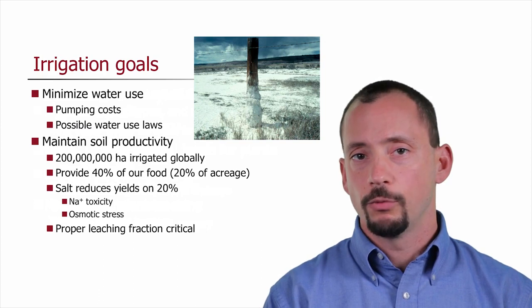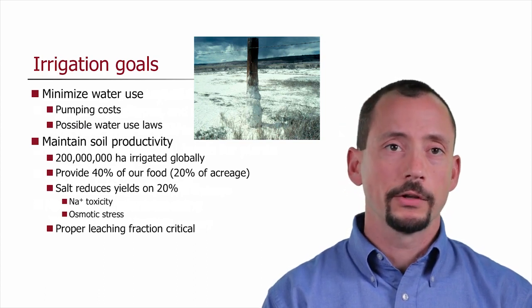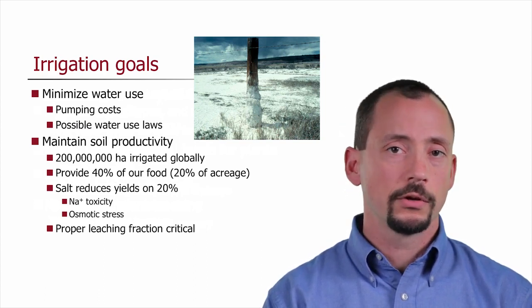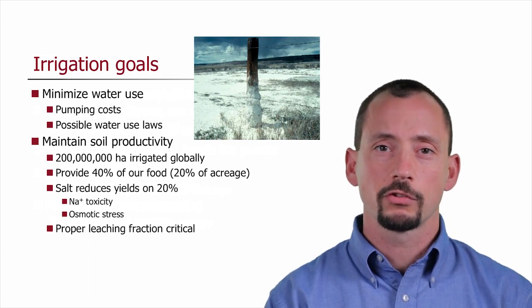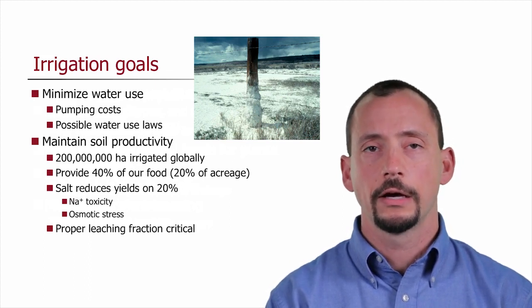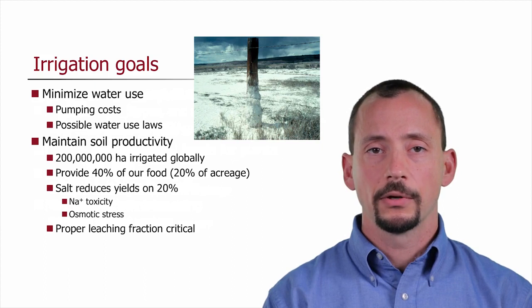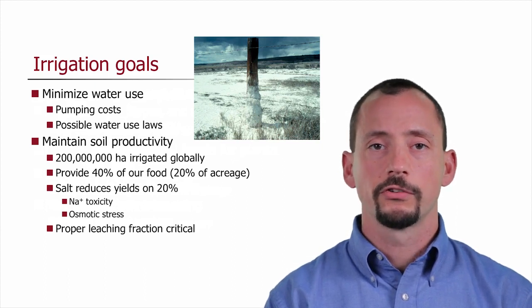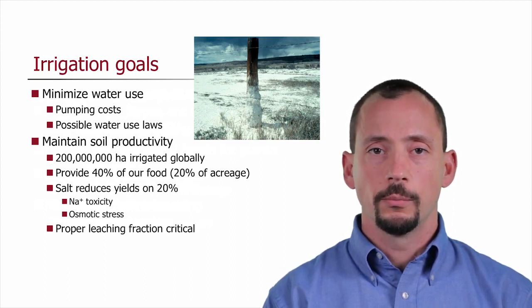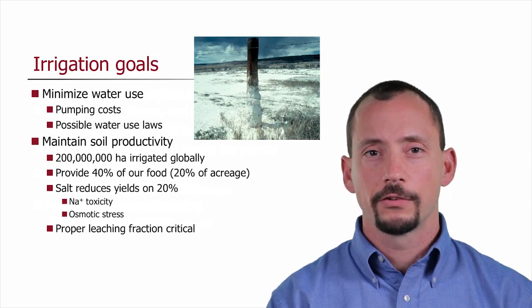And so if we don't irrigate properly and we build up salt, then we get into problems with sodium toxicity or even osmotic stress if our salt concentrations are too high. And so maintaining a proper leaching fraction and flushing those salts through the soil is important for long-term sustainability of our farming practices. So all of these things, I think, tie back into the bottom line, into the profits, either short-term or long-term.